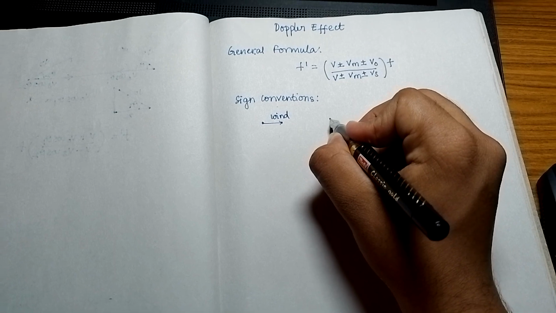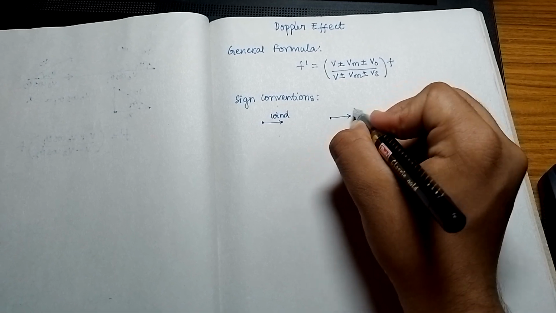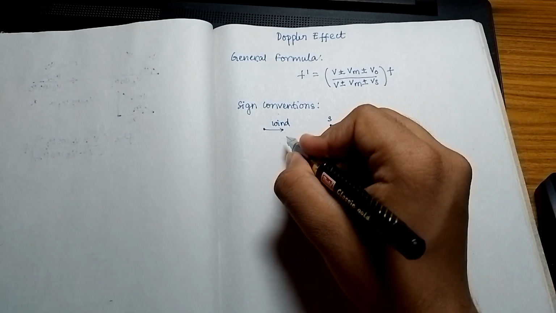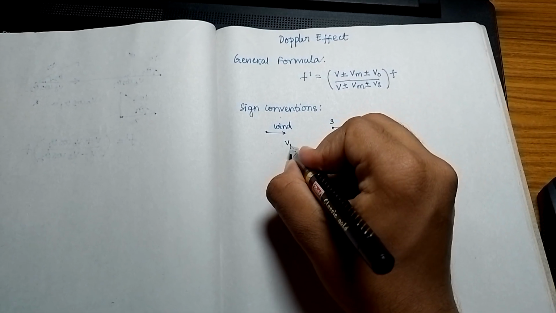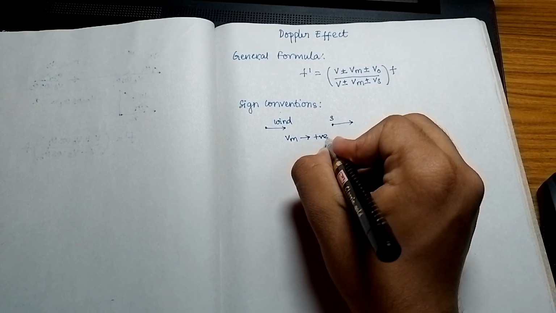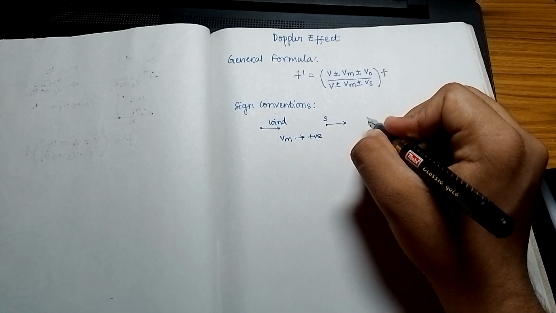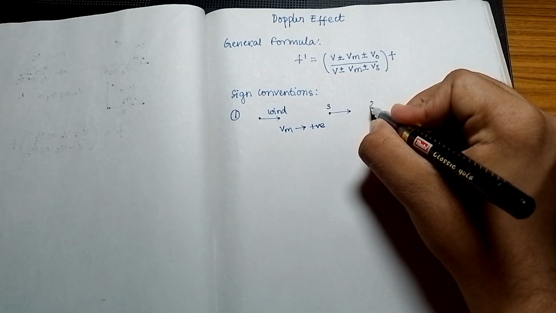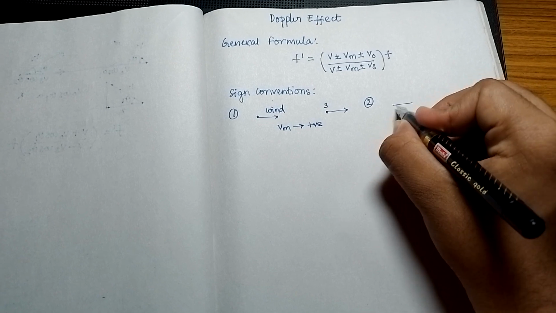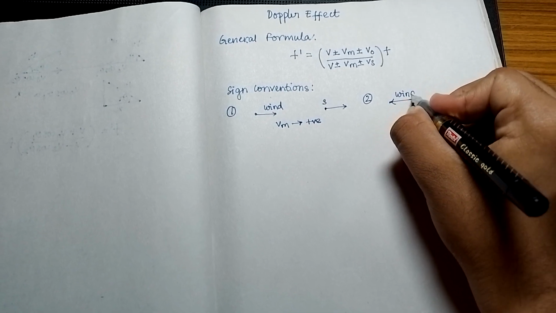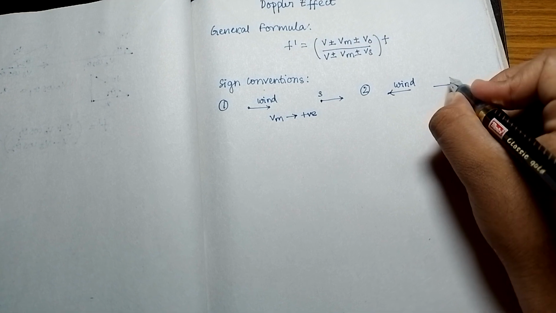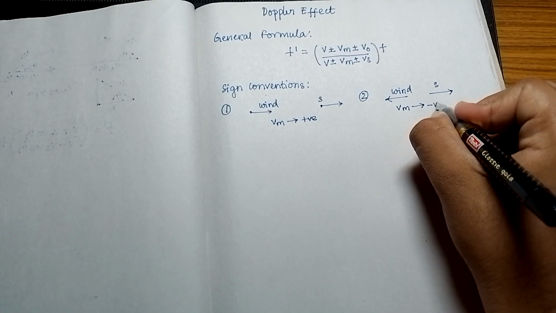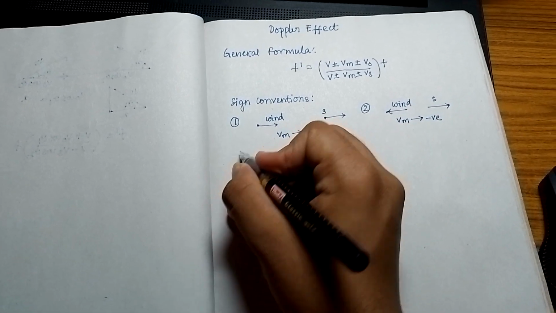If the source and the wind velocities are in the same direction, then we take Vm to be positive, and vice versa for the opposite case. This is case 1, and in case 2, Vm is taken negative. This is rule number 1.